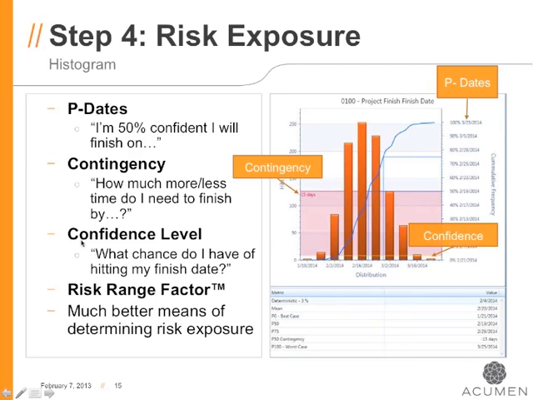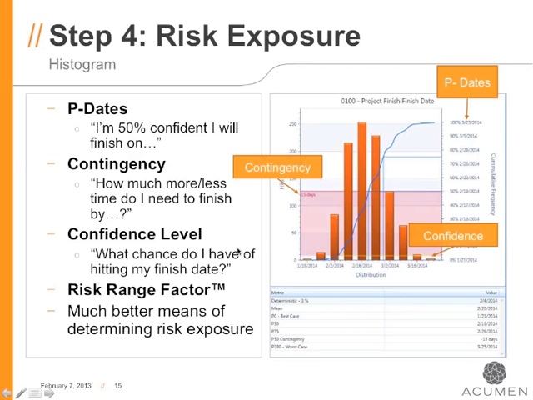Now, confidence level. Confidence level is the probability of you hitting your scheduled completion date. And this is probably the most misunderstood and misused schedule risk metric known to mankind.